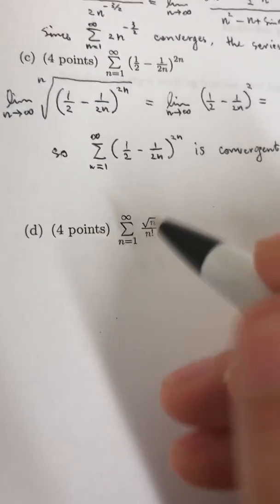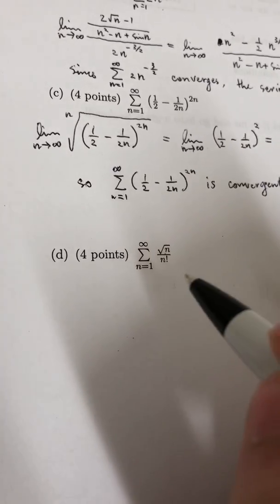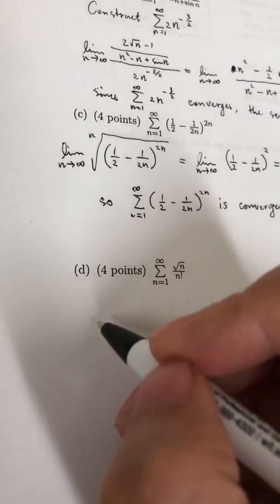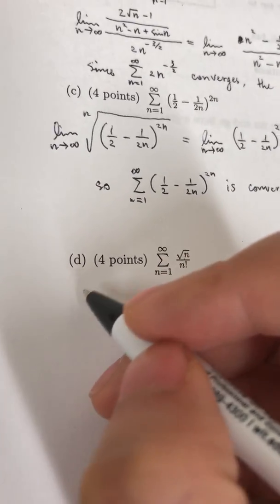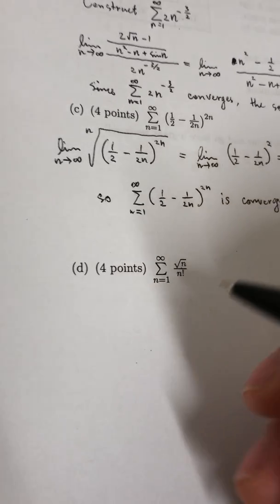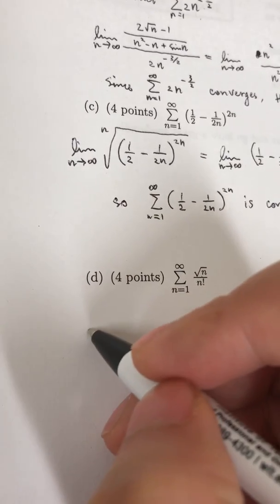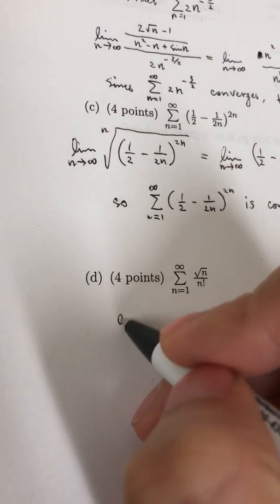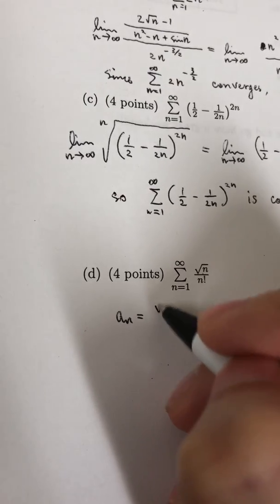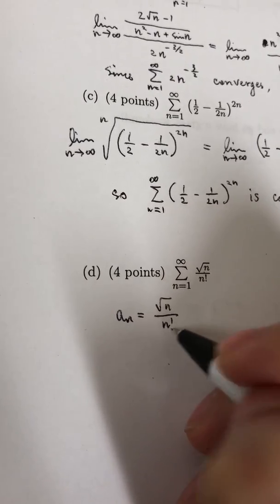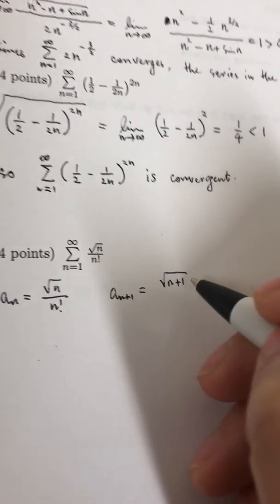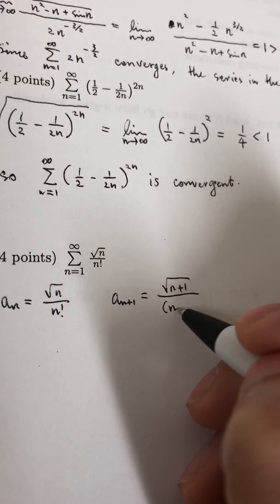Okay, last one. For this one, the easiest way to solve this problem is the ratio test. So again, it is the limit form of the ratio test. To make it clear, I will write a_n as root n over n factorial, and a_(n+1) will be square root of n plus 1 over n plus 1 factorial.